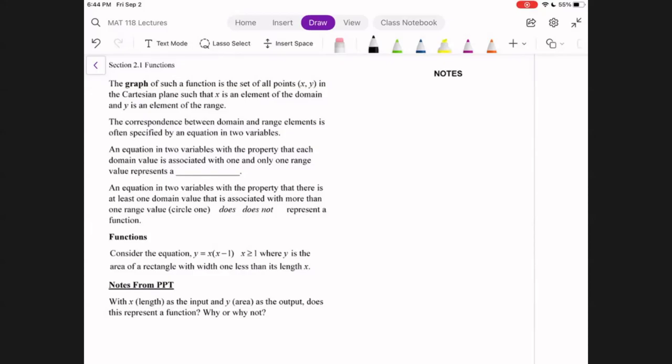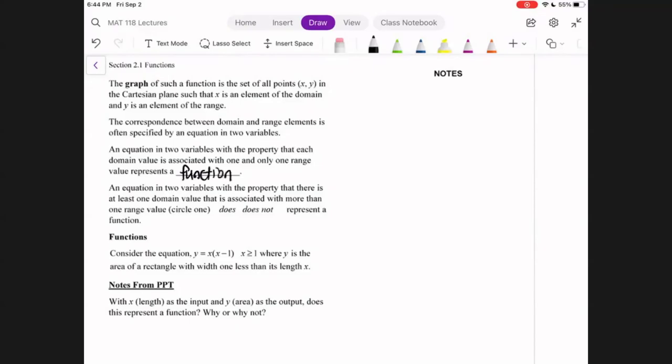Just remember, so an equation will specify a function, okay? So hopefully you can see that.